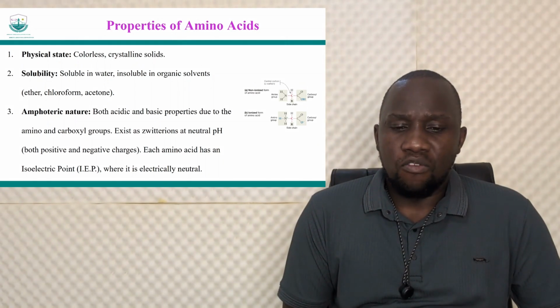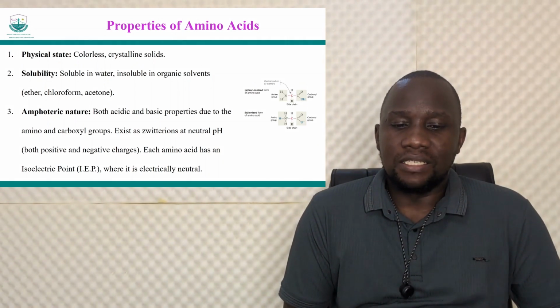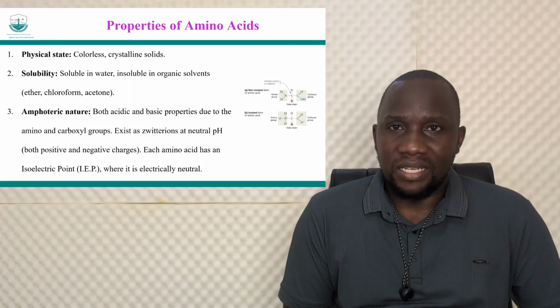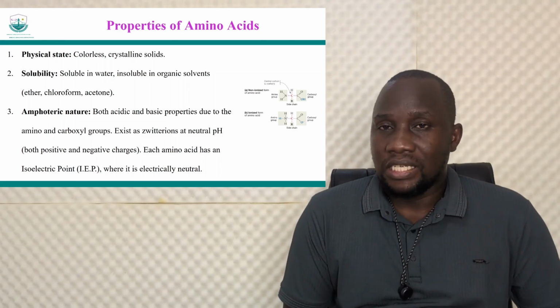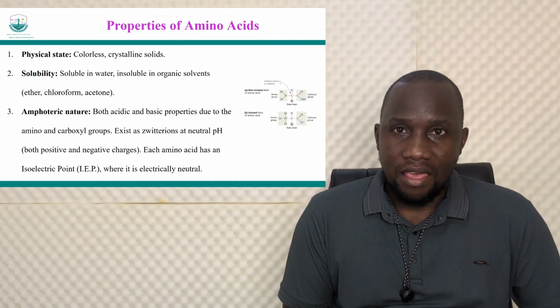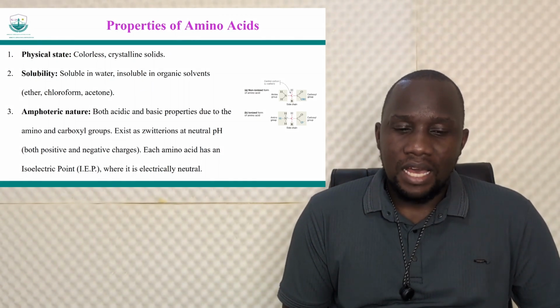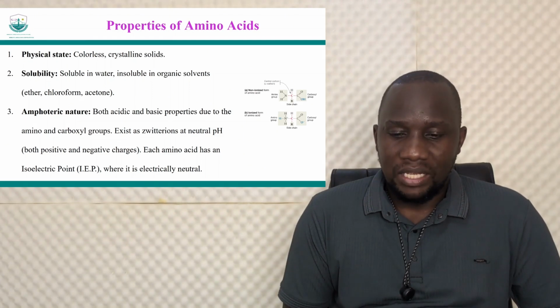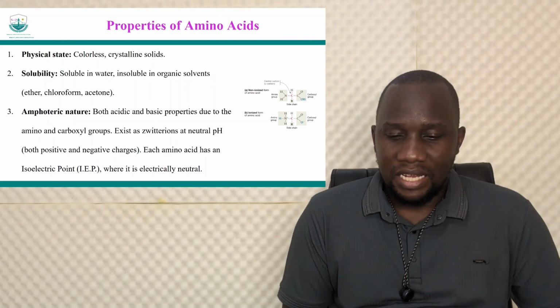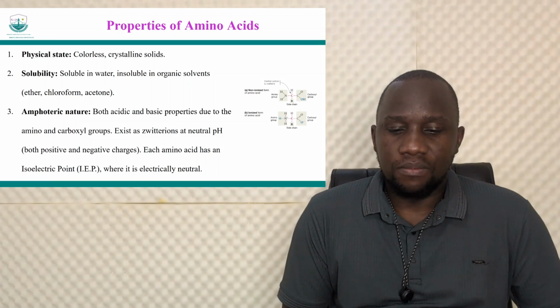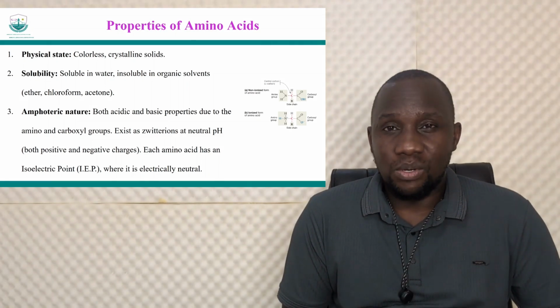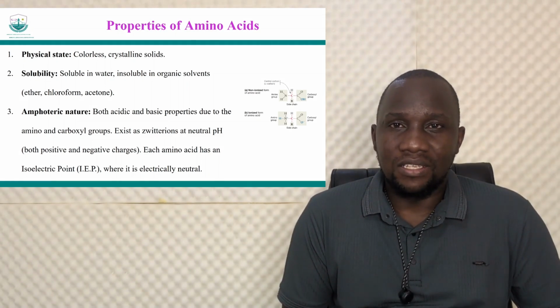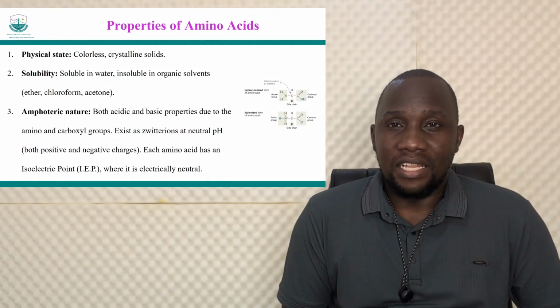Of course, the extent of solubility differs because of the different side chains that they have. And they are amphoteric in nature, meaning that they can exhibit both basic and acidic properties due to the amino and carboxyl groups. They can exist as zwitterions at neutral pH, meaning that they can have both positive and negative charges.